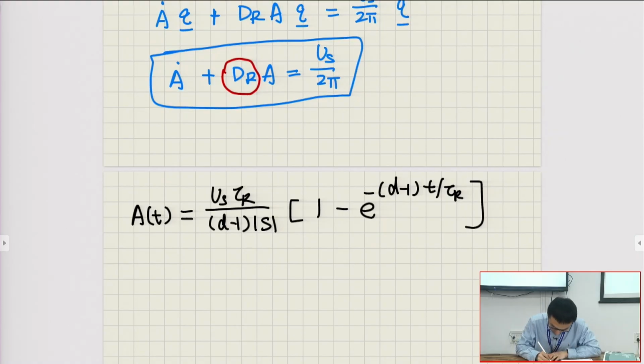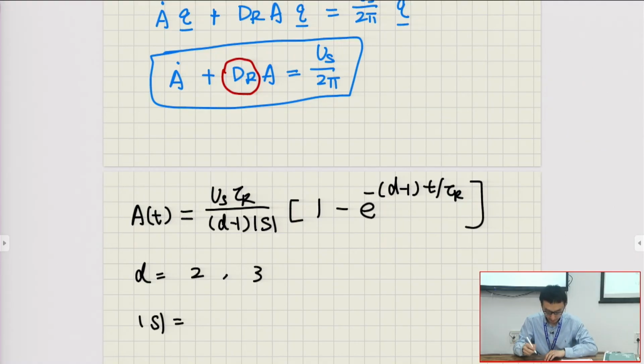So here, d again is 2 or 3, usually. And what is this s here? S is the volume of orientation space. So in 2D, that's 2 pi. In 3D, that's 4 pi. So that's a general formula, but the structure you see is just exponential decay on the time scale of tau r for A. Questions?